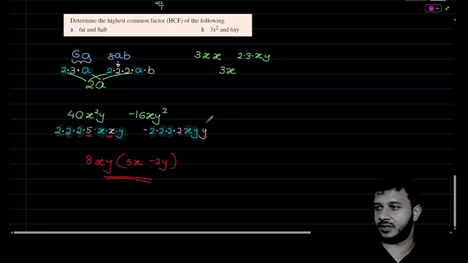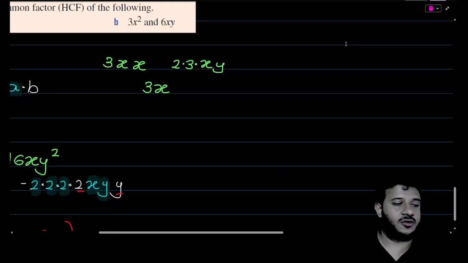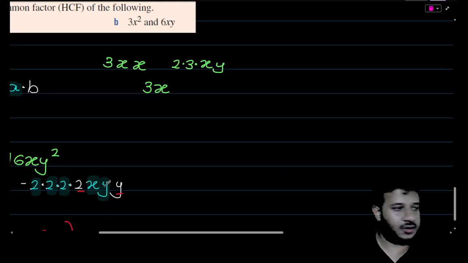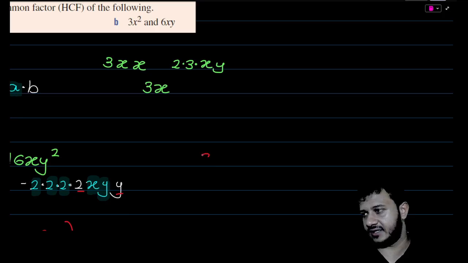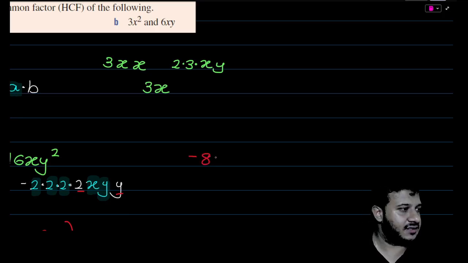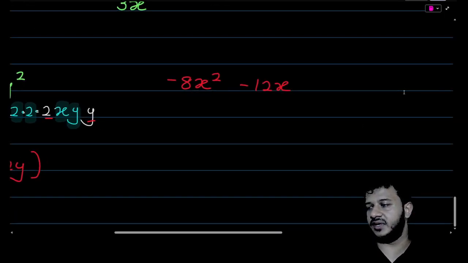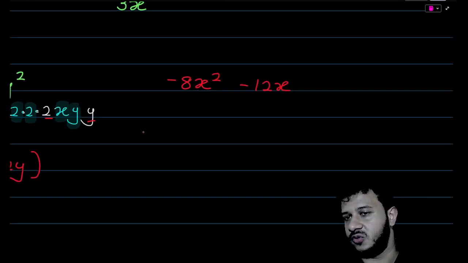Yes. Okay. Anyway, can you quickly factorize this: negative 8x square minus 12xy. Remember, because the first term has a negative, you take a negative out for sure.